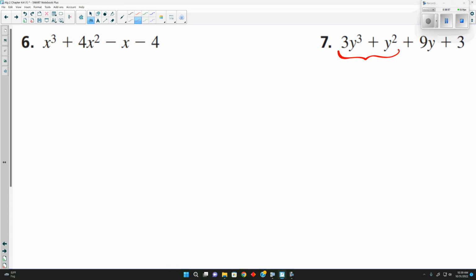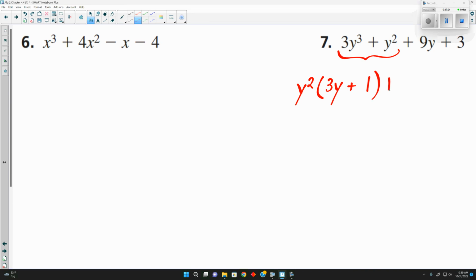But we do have a y squared. So if I factor a y squared out of 3y cubed, we're left with 3y plus. What happens when I factor y squared out of y squared? Whenever something factors out completely, we have 1.